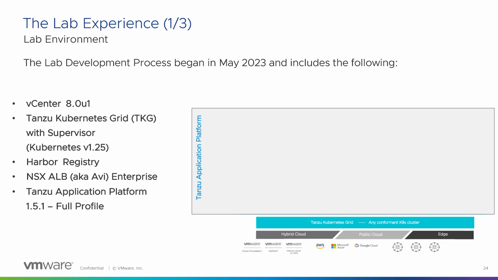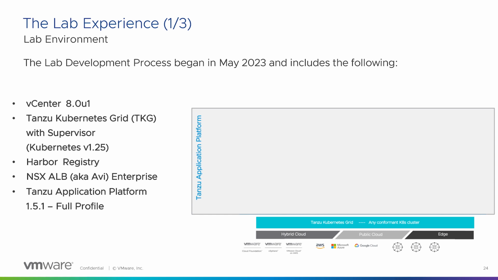We have NSX Advanced Load Balancer to allow Kubernetes to create services and load balance across multiple pods. And above this infrastructure layer, we install Tanzu Application Platform. In the lab it's mostly VMware-focused, but Tanzu Application Platform can be installed on any Kubernetes cluster, so you could install it on EKS, AKS, or your own homegrown version of Kubernetes.